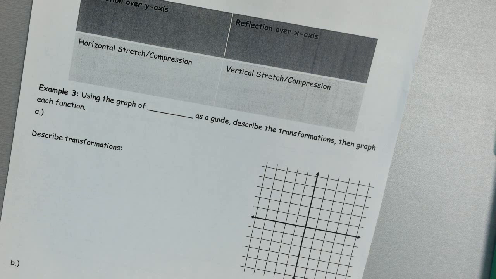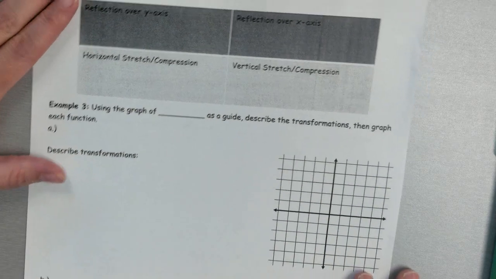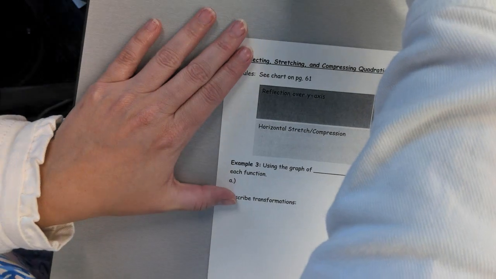Quadratic function when you have a reflection over x and a reflection over y? Sorry, wrong way. I'm zooming in because this is kind of hard to see.